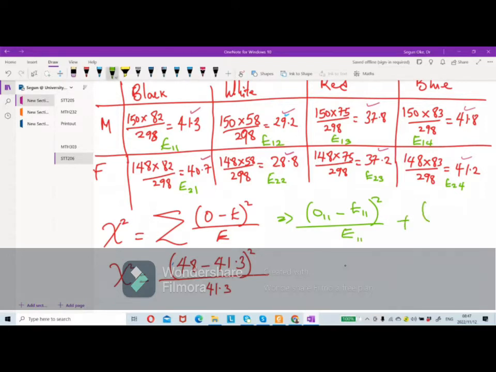Plus O12 minus E12 squared divided by E12, plus dot dot plus O24 minus E24 all squared divided by E24. That is what we need to add together. Once you can get this one done, then you are good to go.